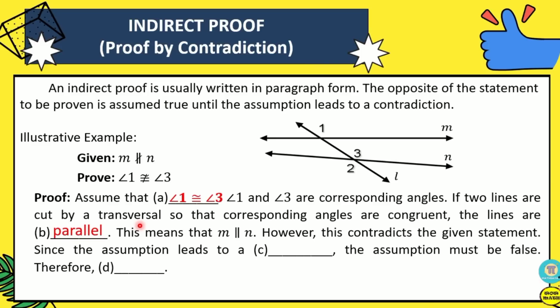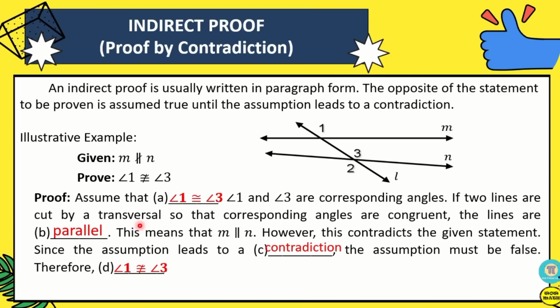So, this means that M is parallel to N. However, this contradicts the given statement. Ano yung statement? Yung given natin. Since the assumption leads to a contradiction, the assumption must be false. Therefore, angle 1 is not congruent to angle 3.